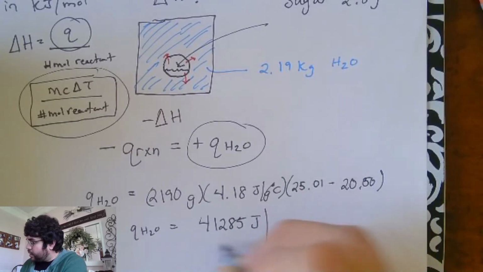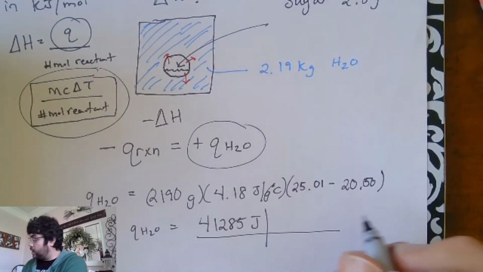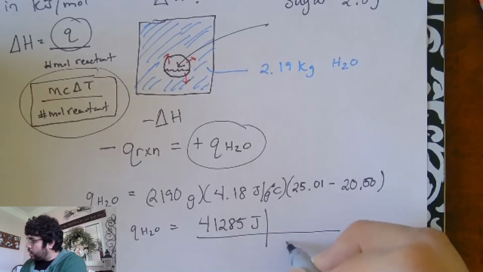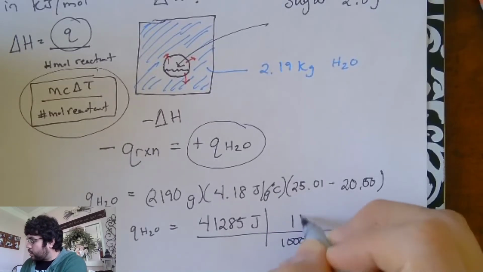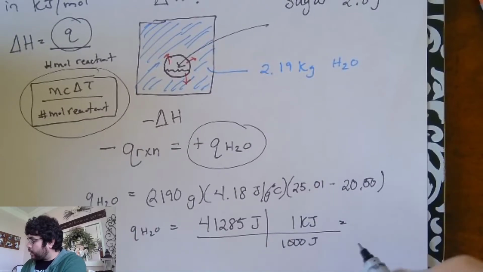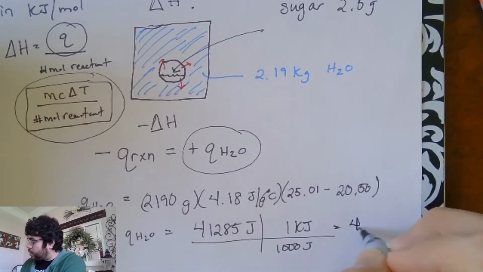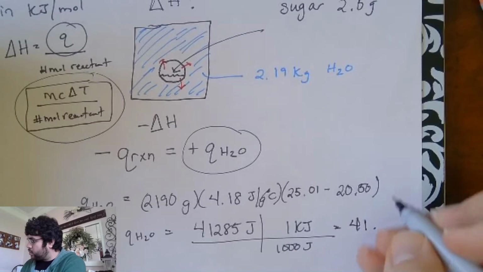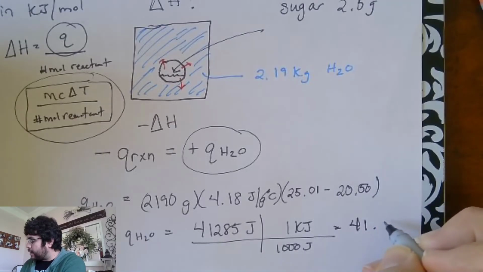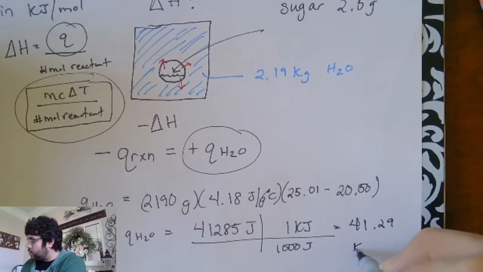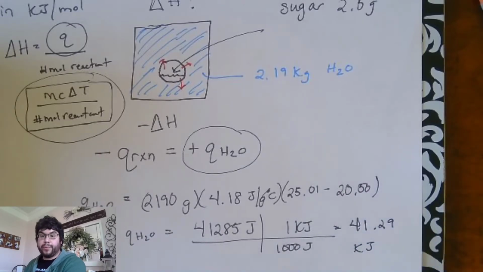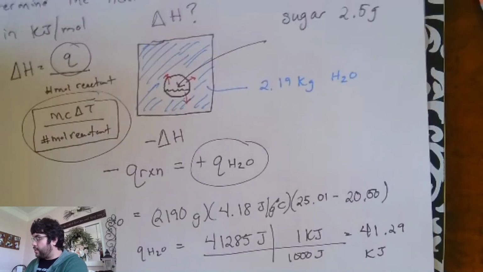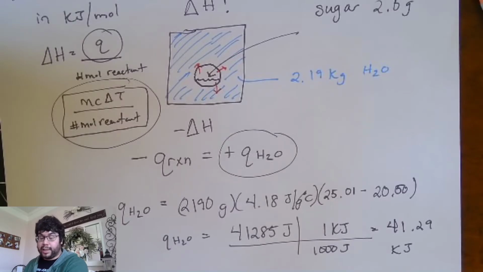I want to convert that to kilojoules because enthalpies are always in kilojoules. So there are 1,000 joules to 1 kilojoule. So we're going to have 41.29 kilojoules. Now, this is how much energy the water gained.